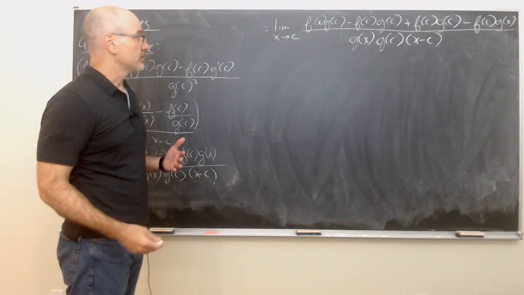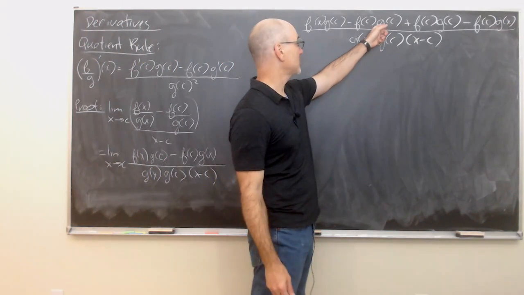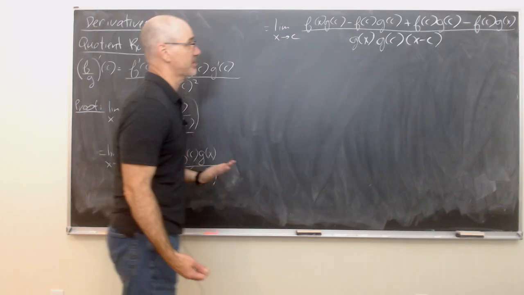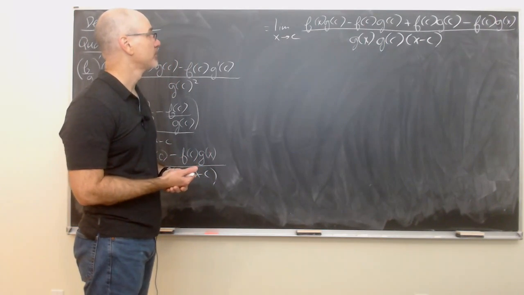So the quantity that I've added and subtracted is the f of c, g of c. Right? So I've done nothing to change the value of the expression. That is just adding 0 in the numerator.